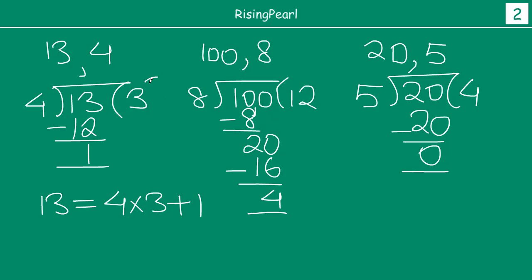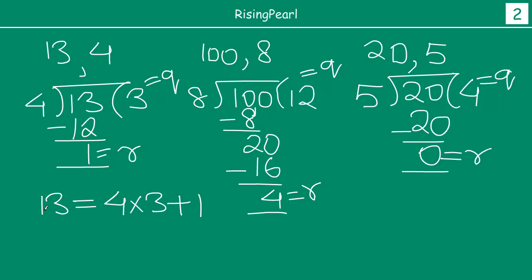So here q is a quotient. Let's represent that by lowercase q, and the remainder by lowercase r. So here this is the quotient, and here this is the remainder.